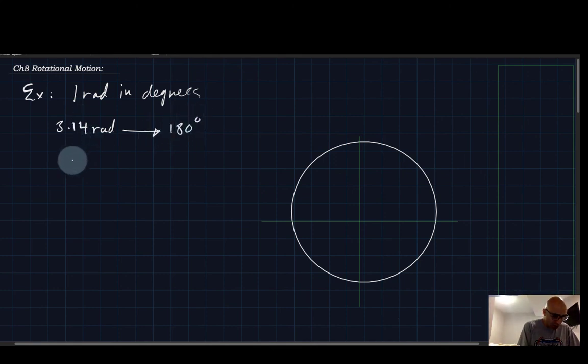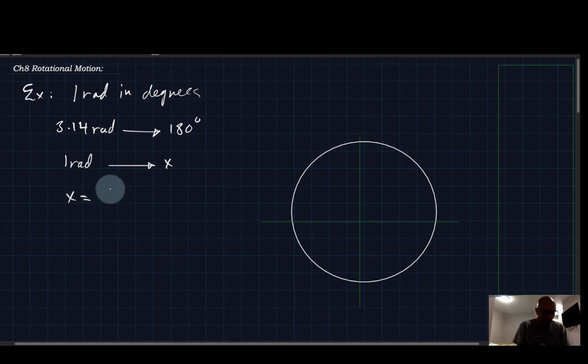We need 1 rad is equal to x. We don't know x, so you can use a relationship build: x is equal to this times this divided by this one.